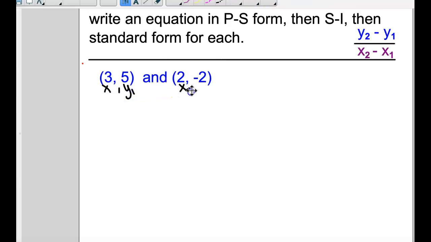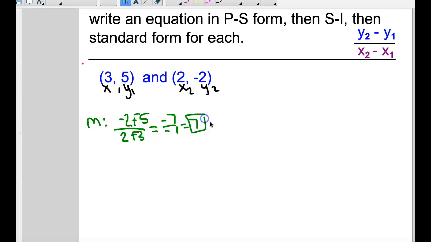So I've got my x1, y1, and my x2 and my y2. I'm going to first calculate my slope by doing my y2 minus my y1 over my x2 minus my x1. -2 minus 5 would turn into plus a -5, so a -7. 2 minus 3 turns into 2 plus a -3, so I'd have a -1. Two negatives make my final slope a +7.